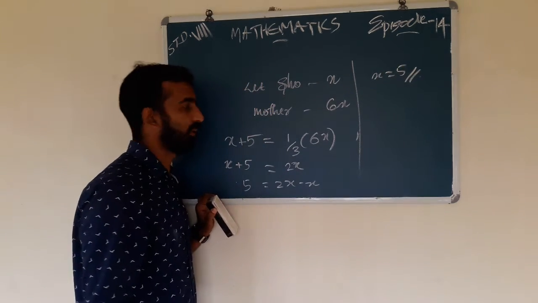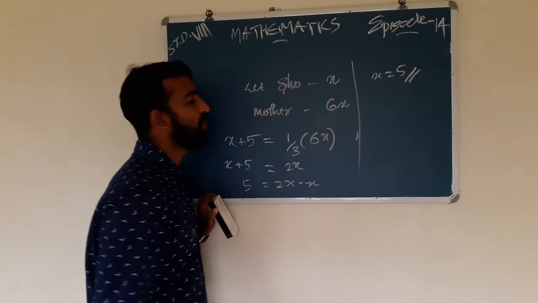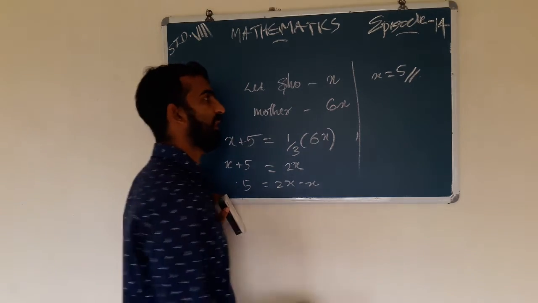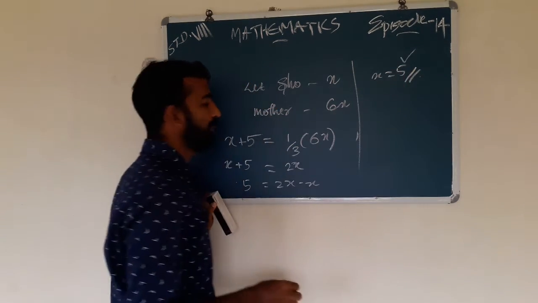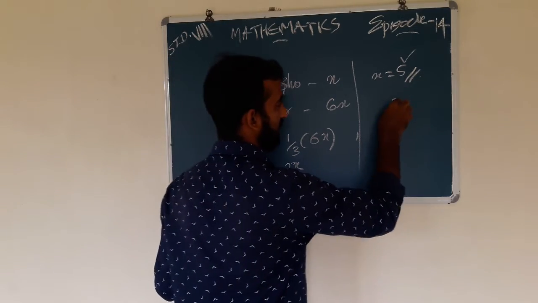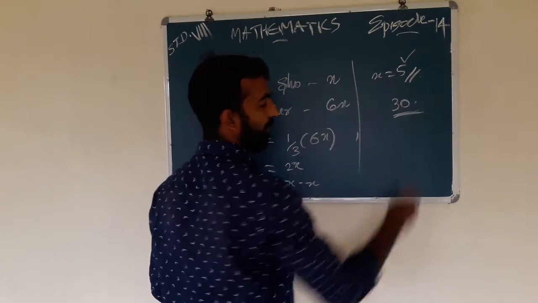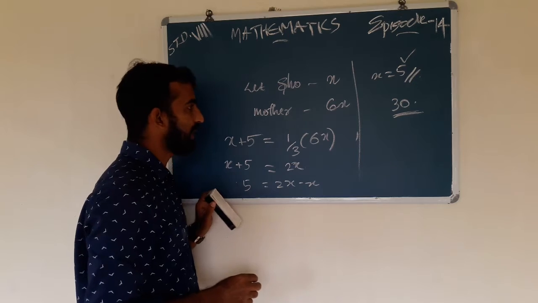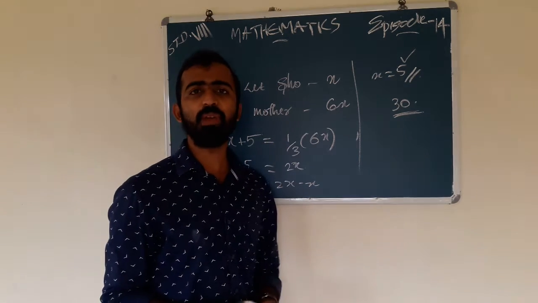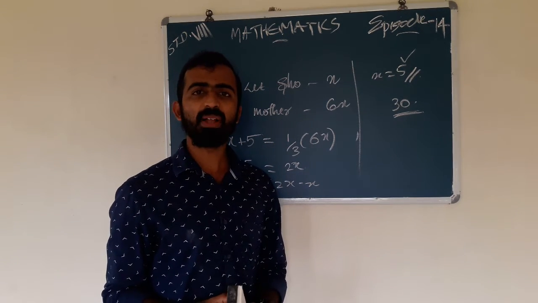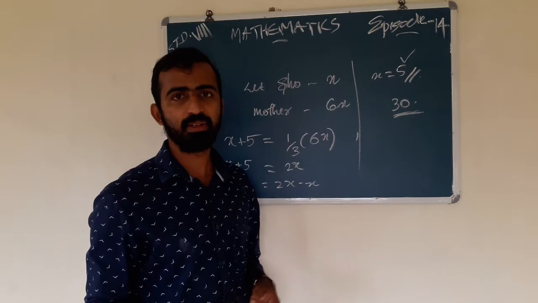So Shobu's age is 5, and mother's age is 30. Why do I get 30? Because 6 times 5 is 30. So mother's age is 30.